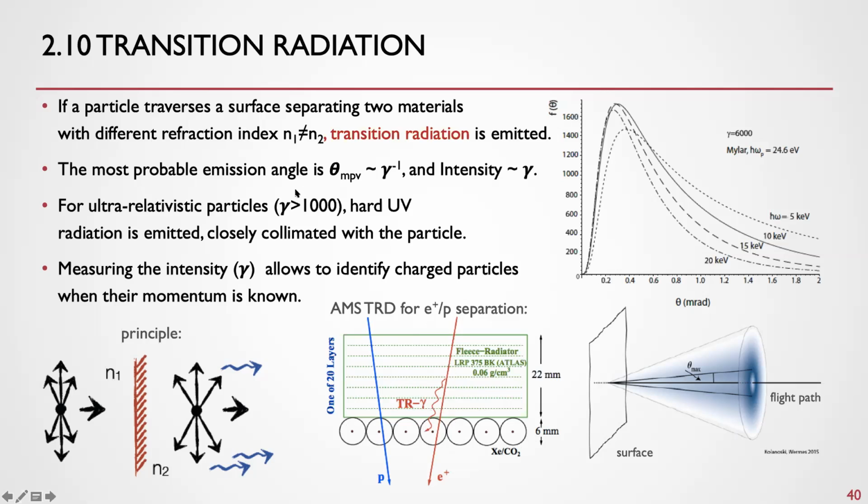Because transition radiation goes with gamma, and the gamma factor for an electron is much higher than for a proton at the same momentum because of the different mass. So sometimes transition radiation can be put to very good use. ATLAS also has a transition radiation detector. We'll talk about this when we talk about ATLAS.